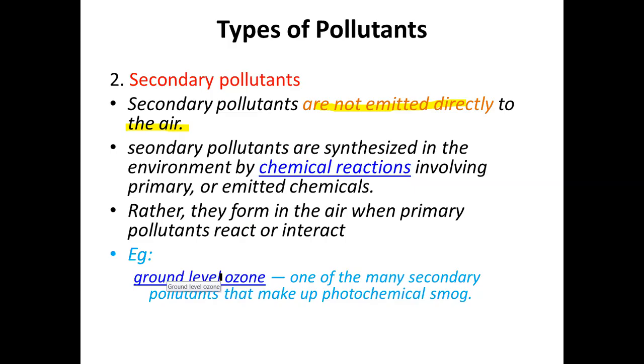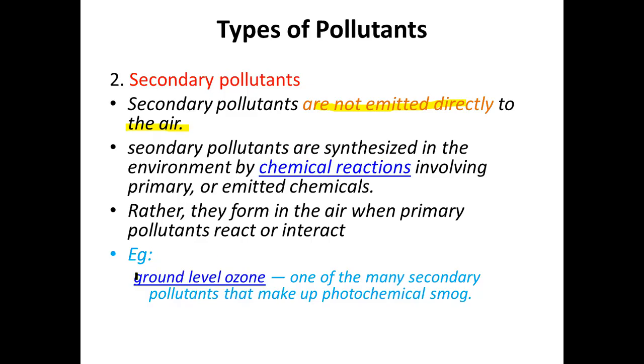So when primary pollutants are emitted into the atmosphere, what happens? Those primary air pollutants react with each other or with compounds available in the atmosphere, with or without the presence of sunlight. They make some other compound, and those compounds are called secondary air pollutants.